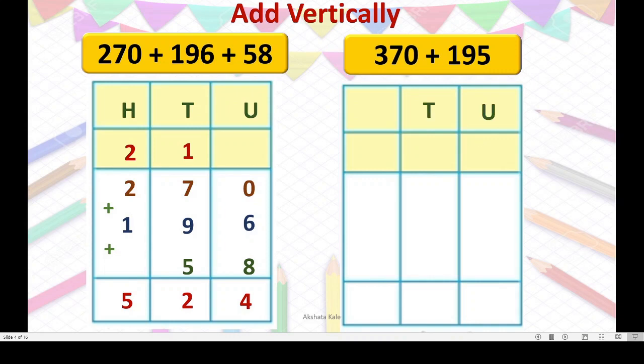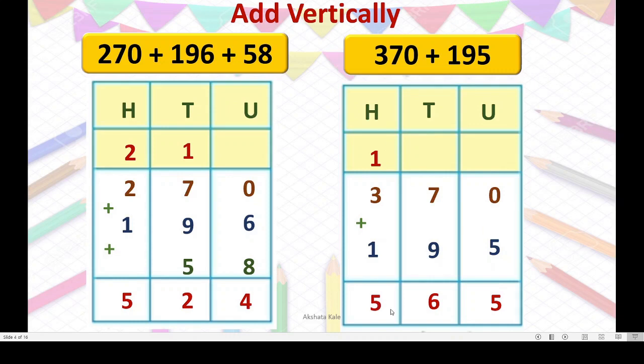We will move to the next one here. This is very easy, right? 370 plus 195. Okay, here 5. 7 plus 9 is 16. 6 we will write here. 1 is carried over. Then 1 plus 3 plus 1 is 5, that is 5 hundreds in the hundreds column.